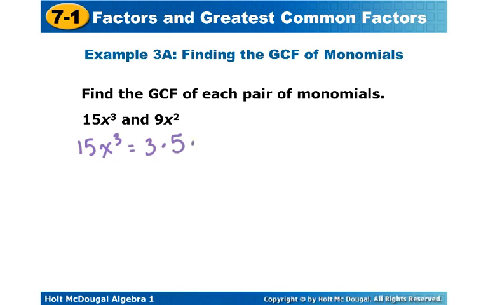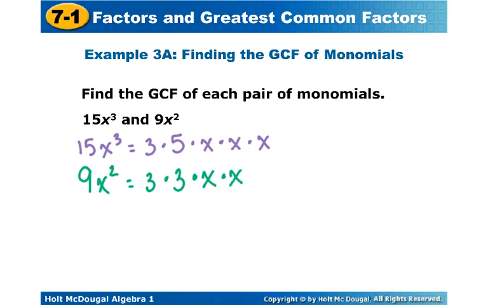So you have x cubed, which means you have 3 x terms. So you're just going to write them out. And then you're going to do the same thing with 9x squared. So you're going to write a factor of 9, which is 1 and 9 or 3 and 3. So I'm just going to use 3 times 3. And then I'm going to write out x squared as being x times x because you have 2 of them.